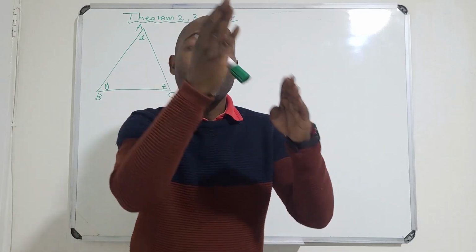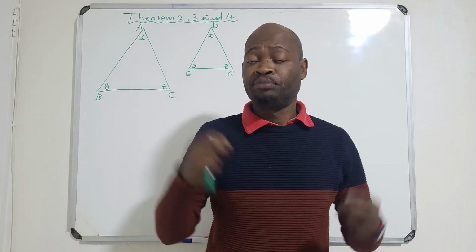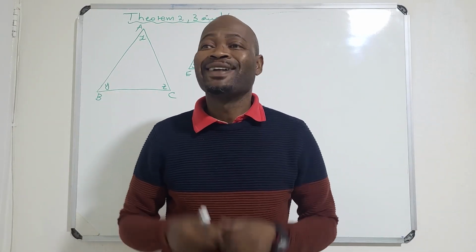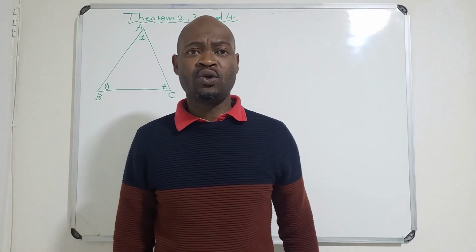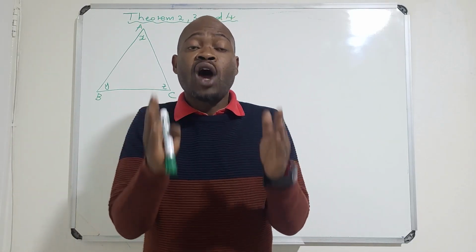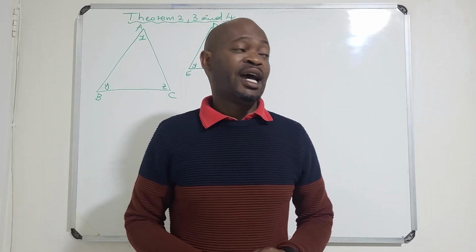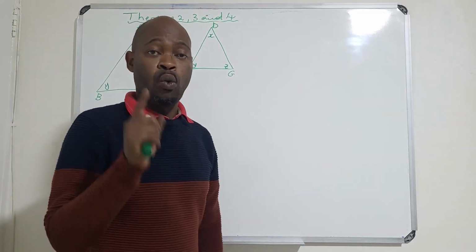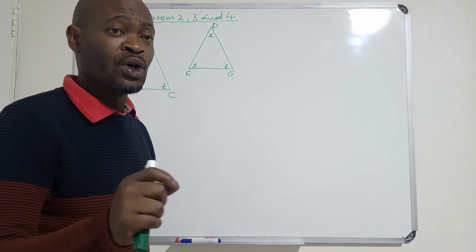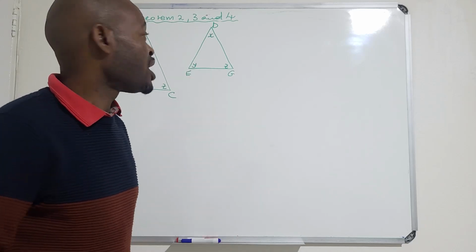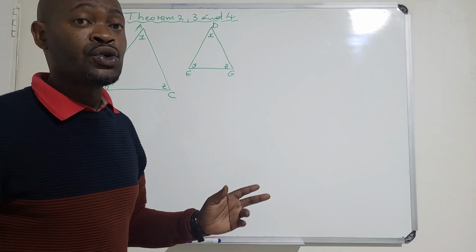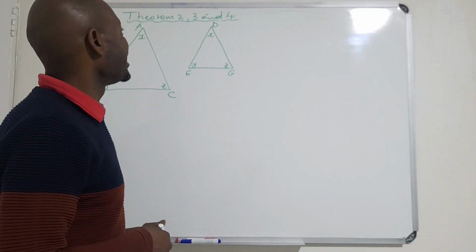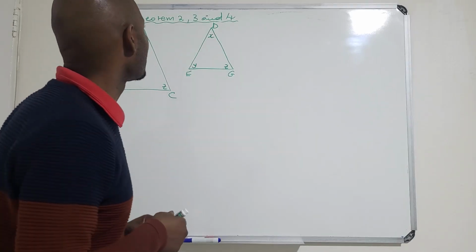Or if sides are in proportion between two triangles, then it means that the corresponding angles must be equal. Therefore, triangles are very special in a way that when one condition is true, the other condition must also be true. Theorem number 2 tells us exactly about that.